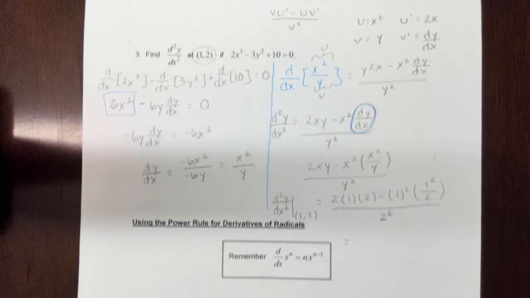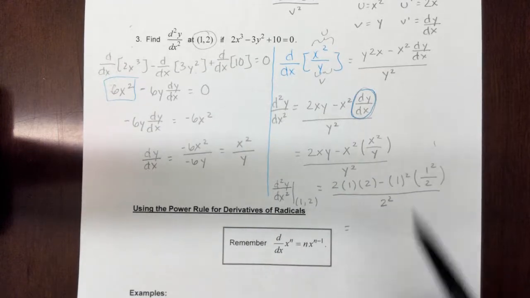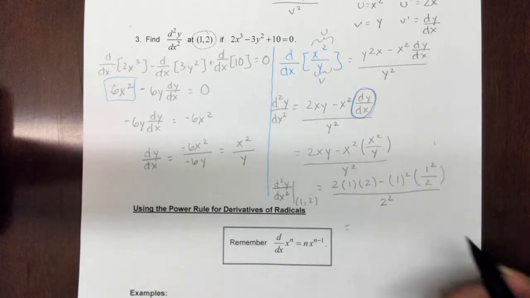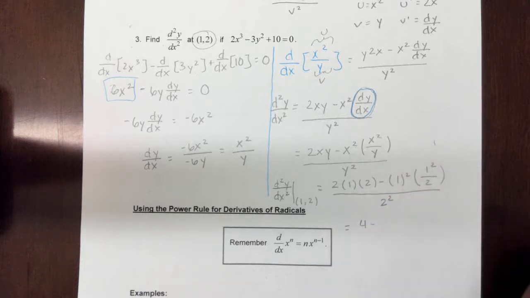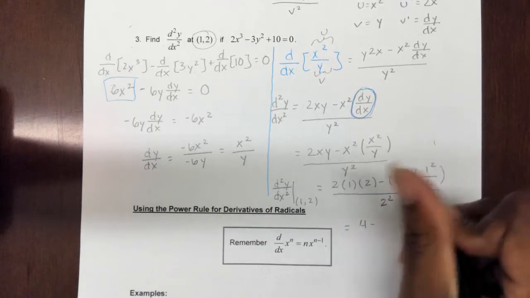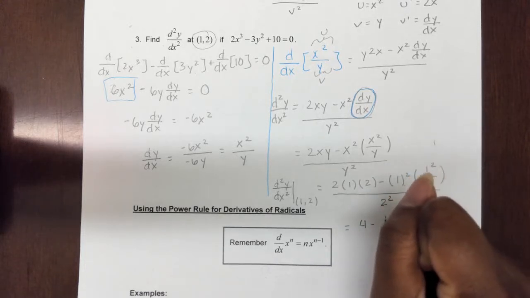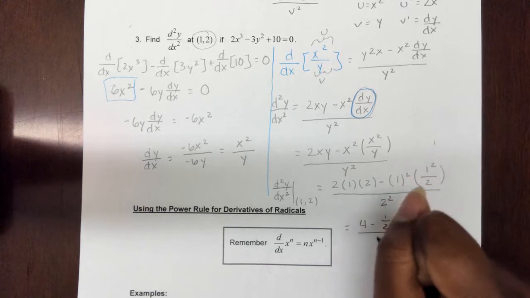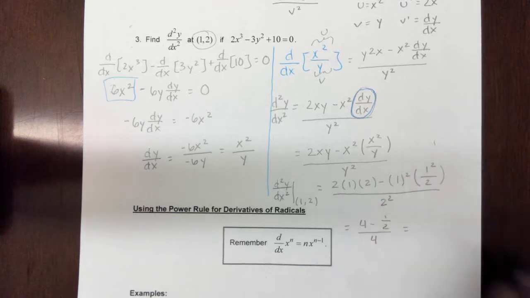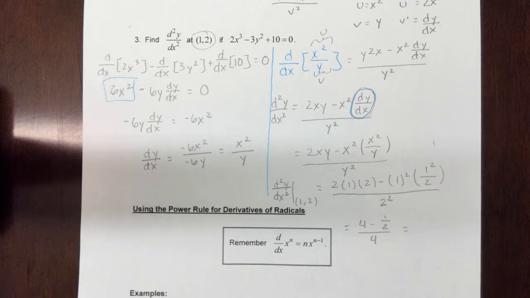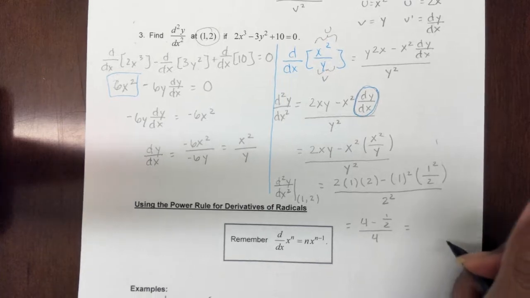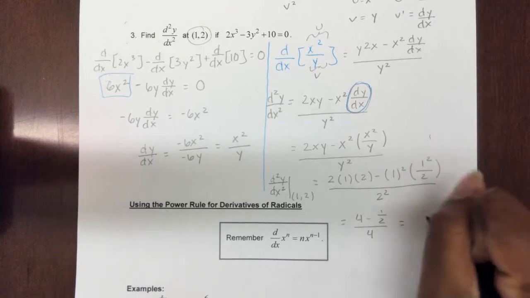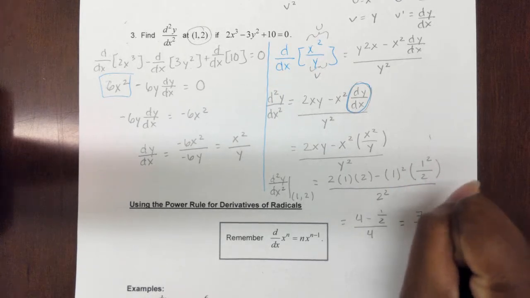And when we do that out, we get 4 minus a half all over 4, which equals 7 over 8.